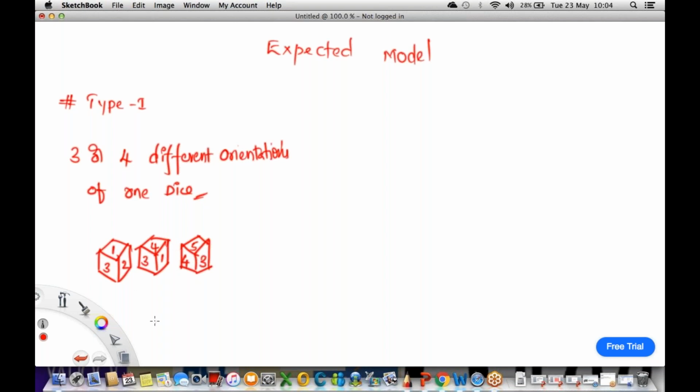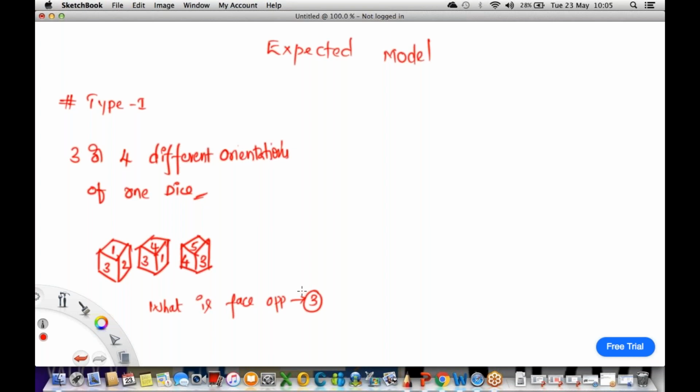So now, what is the face opposite to the 3?